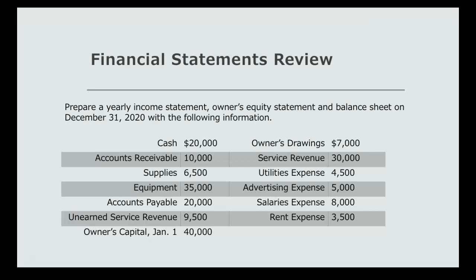We have cash, accounts receivable, supplies, equipment, accounts payable, unearned service revenue, owner's capital on January 1st, owner's drawings, service revenue, utilities expense, advertising expense, salaries expense, and rent expense. So we have a long list of accounts here, right? And we have everything that we need in order to prepare these statements.